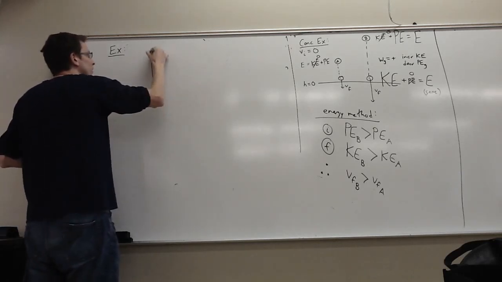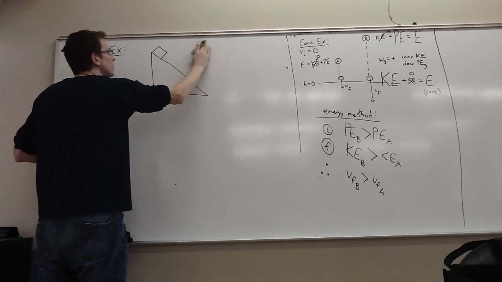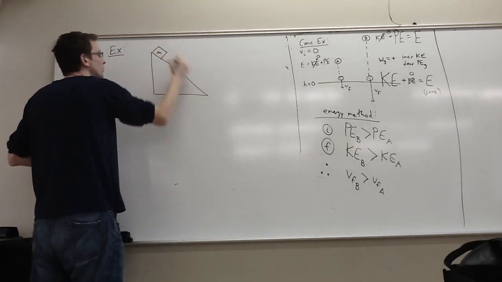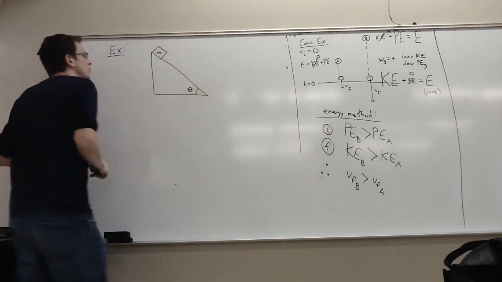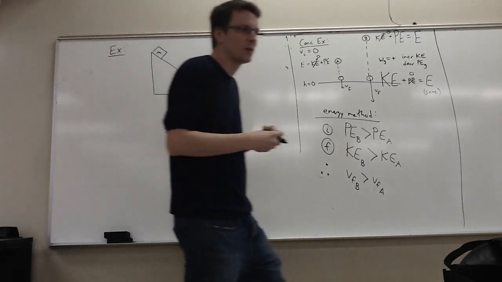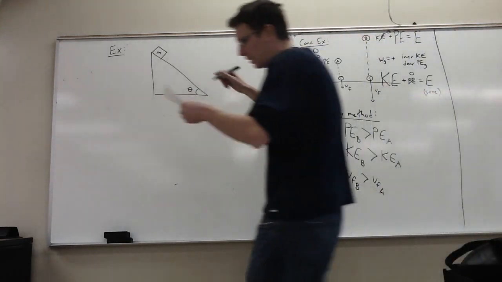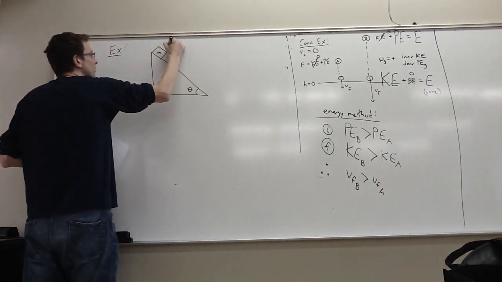Here is my problem, an inclined plane. And let me give you some numbers here, just so we don't let it get too abstract. So I'm going to have a mass released from up here at rest.